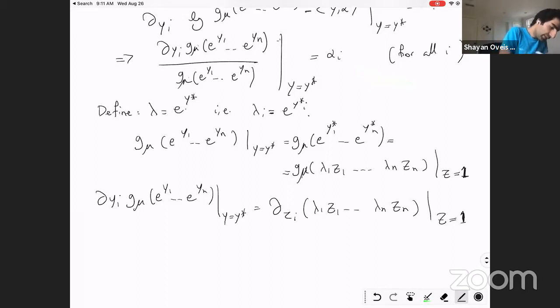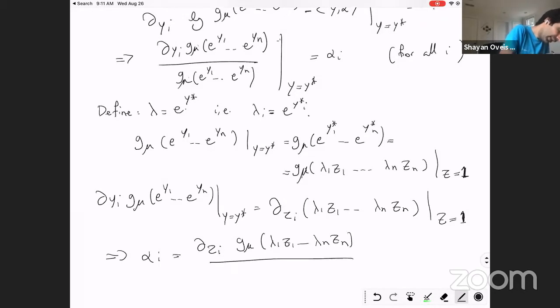I'm saying it follows that alpha i is equal to partial zi of g mu of lambda 1 z1 all the way to lambda n zn, over g mu of lambda 1 z1 all the way to lambda n zn, evaluated at z equal 1.